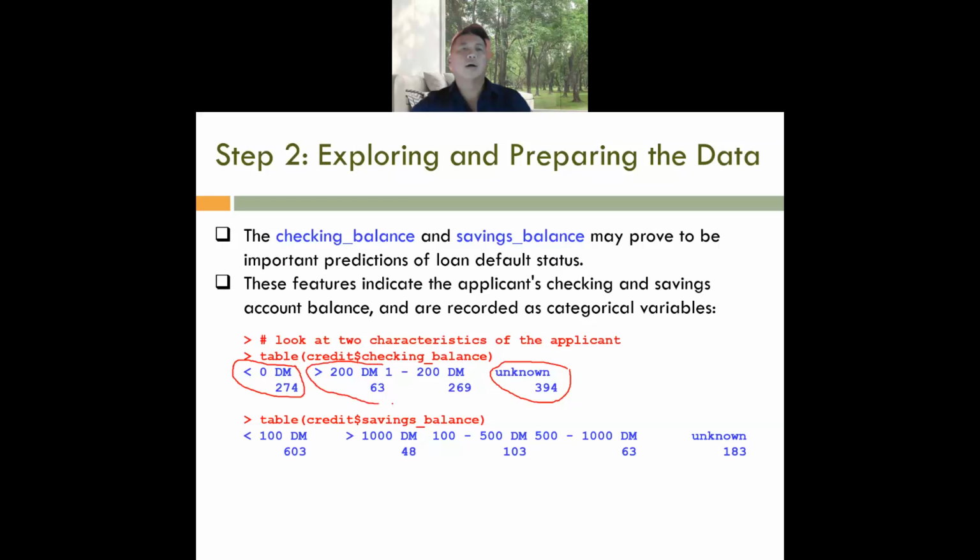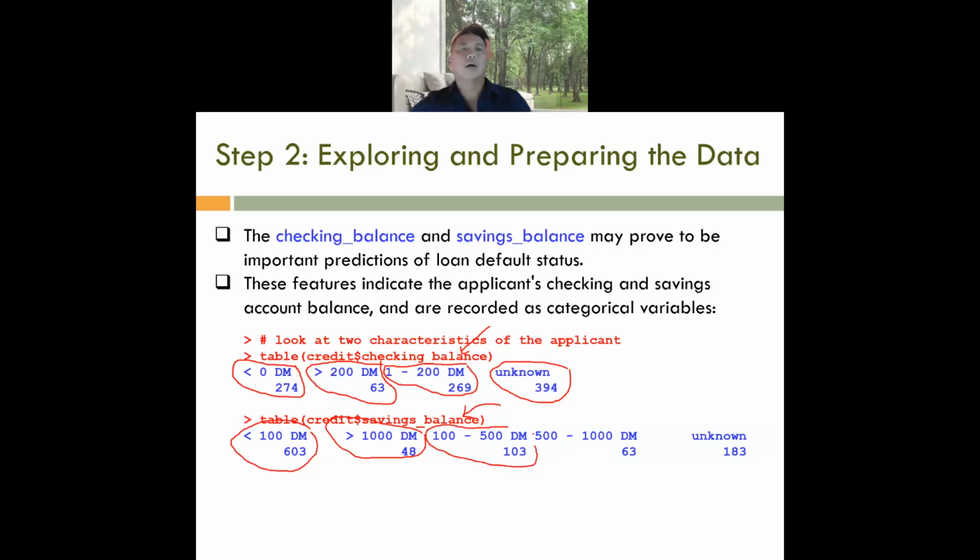This is the number of people who have more than 200 Dutch money, and this is the number of people who have 1 to 200 Dutch money. We also look at the saving balance. This is the checking balance and this is the saving account. We have over 600 who have less than 100 Dutch money, and only 48 who have more than 1,000 Dutch money.